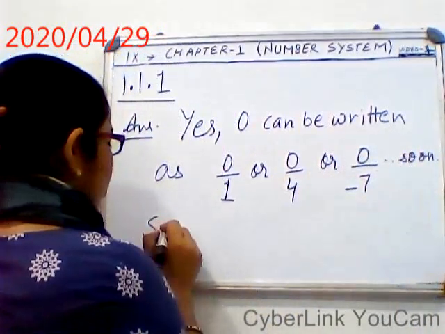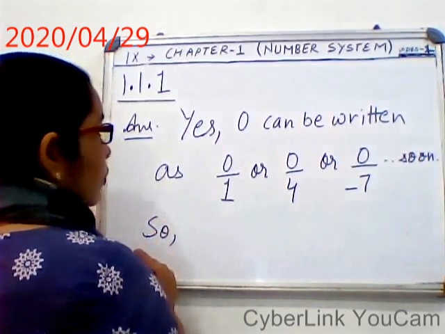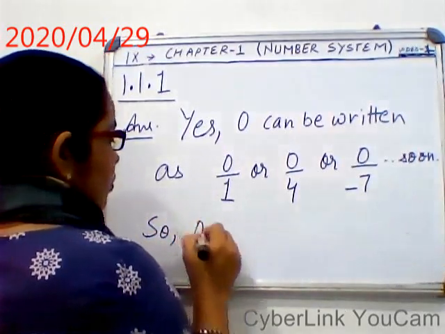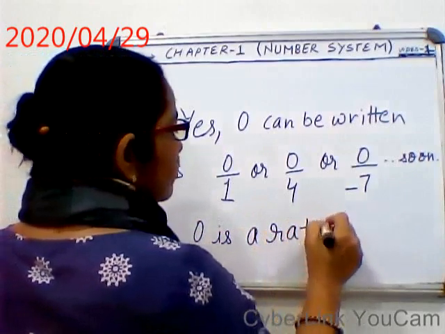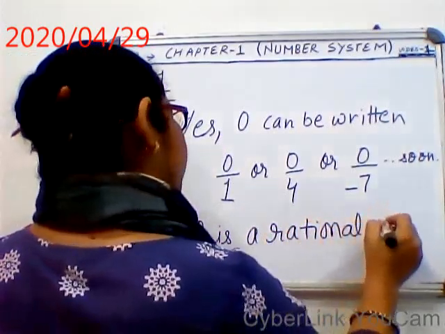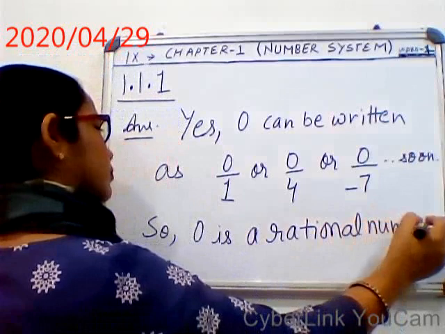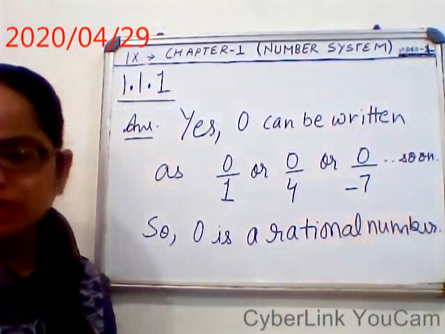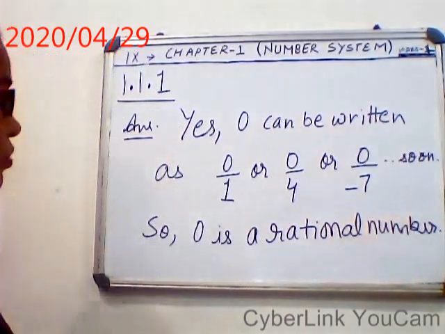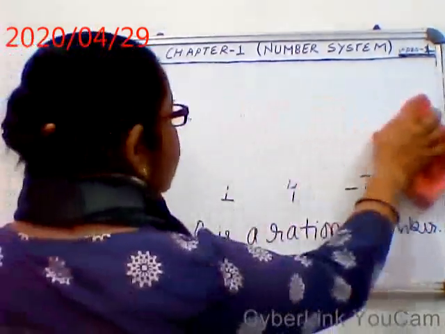So 0 is a rational number. I hope it's clear to you why 0 is a rational number. So this is our first question.